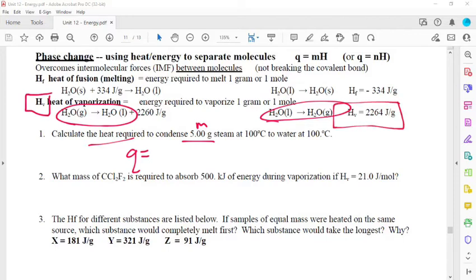And this value here is the number that I'm going to use. And I'm going to make sure that I use it as a negative value, because in order for steam to turn into water as a liquid, then that is going to need to lose heat.